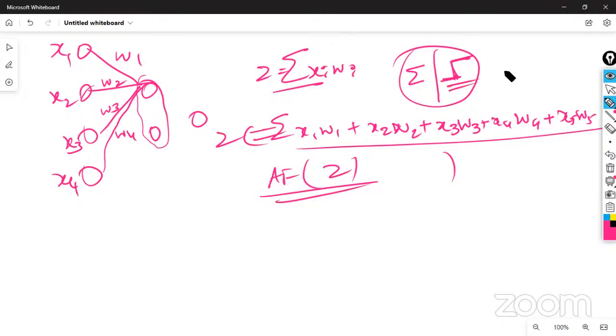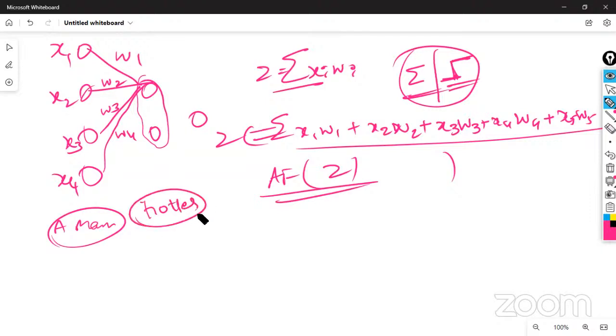Now, why is this activation required? Why are we doing this sigma? Let's say, for example, a man is sitting, and I have a glass of water which is very hot. I'll make that glass touch the hand of the human being. I'll make the hot glass touch his left hand.